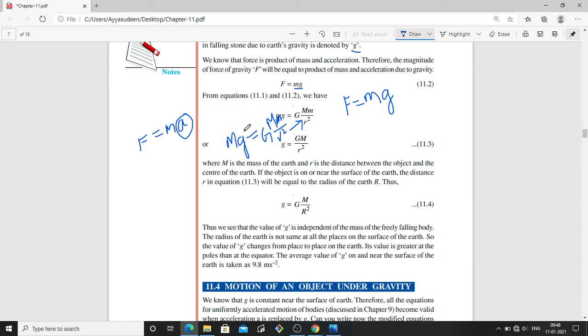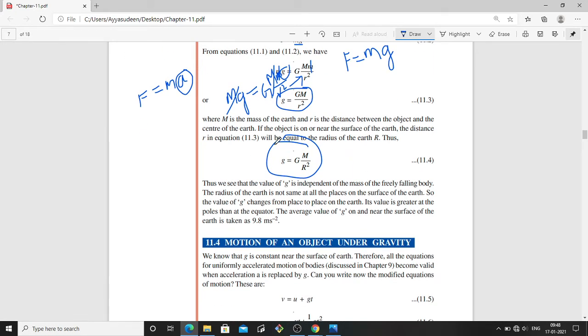Once we cancel the small m on both sides, what remains is small g equal to capital G capital M by r square. This is the final equation we get.